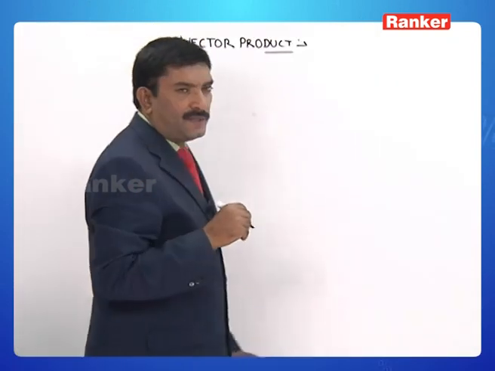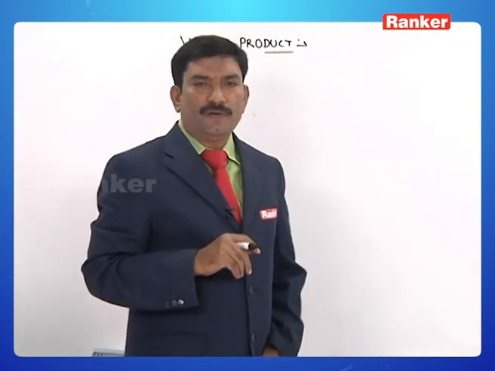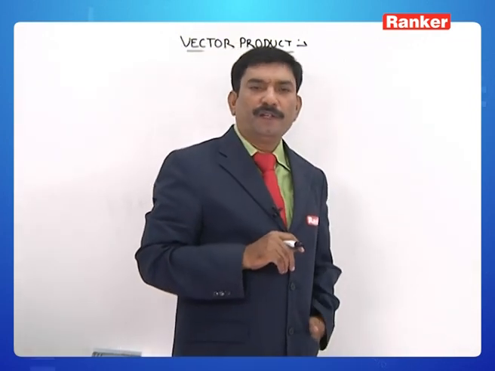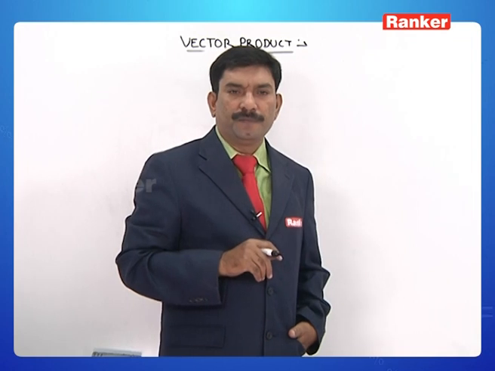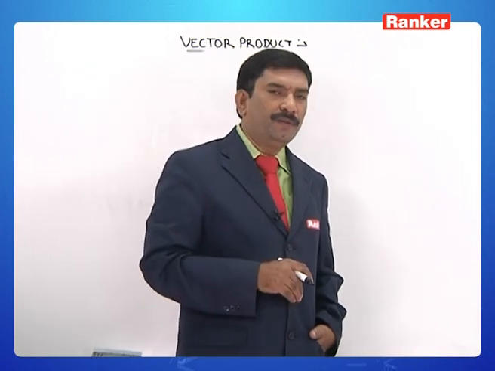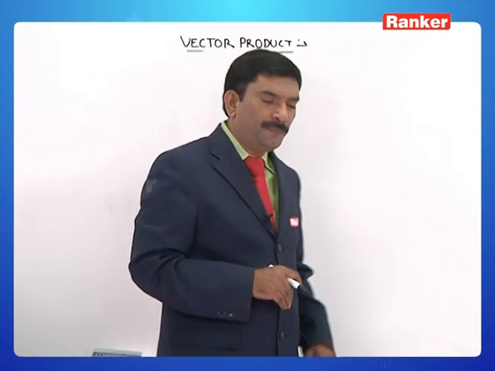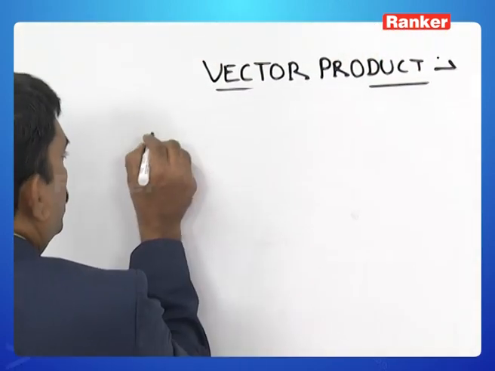Now let us start. Let us recall the concept of vector product of vectors for finding the point of intersection of straight lines. Let us see what that is.